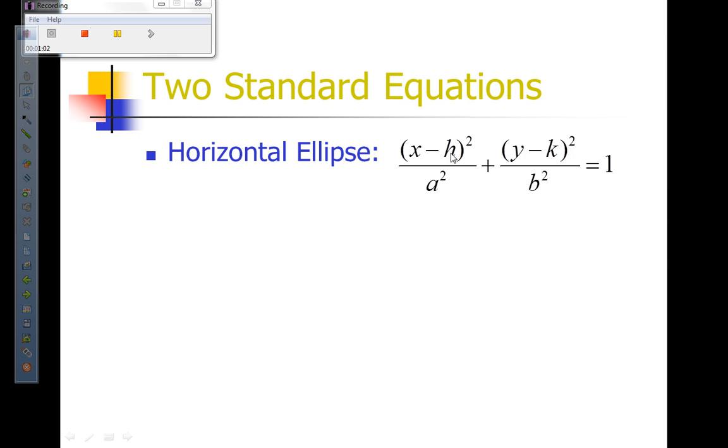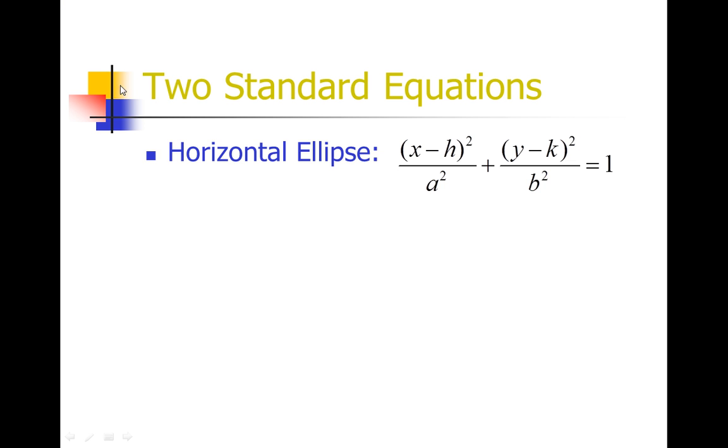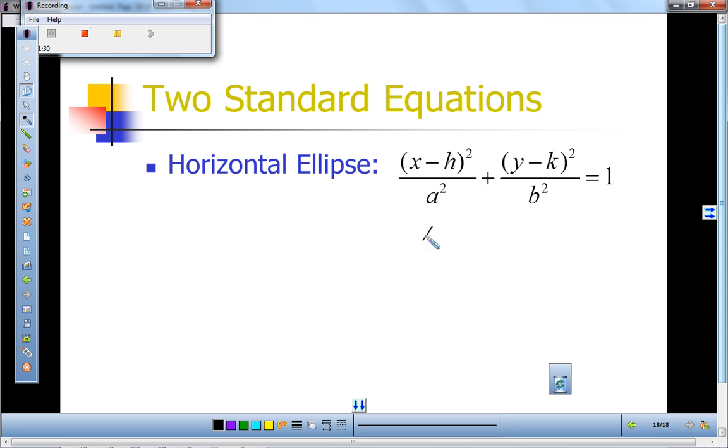Now, we're going to start out with examples where the center is at the origin, so h and k will both be 0. We'll end up with x squared over a squared plus y squared over b squared is equal to 1. So that would be our horizontal ellipse here. a squared is always bigger than b squared.